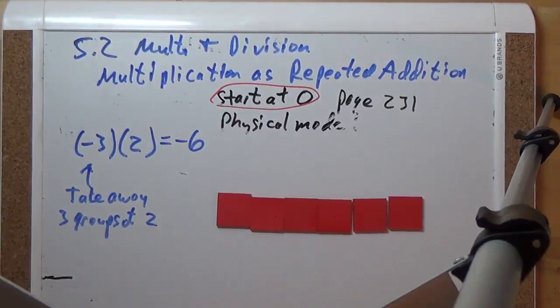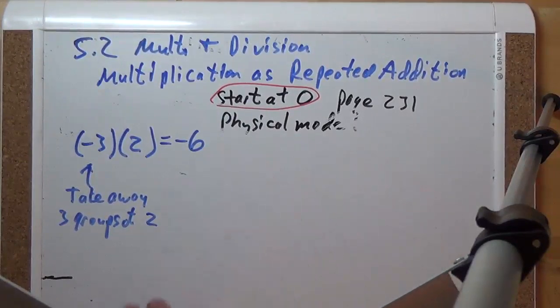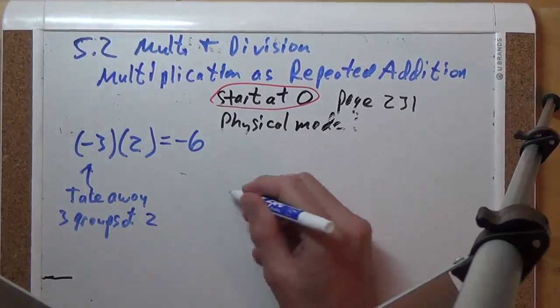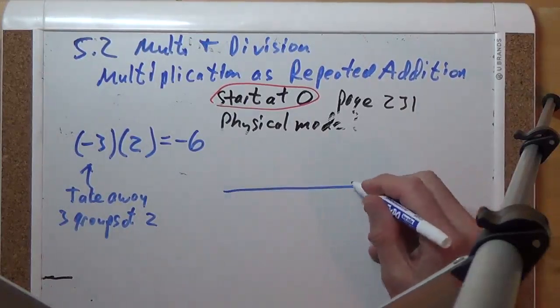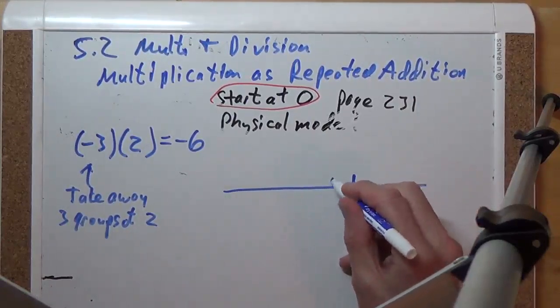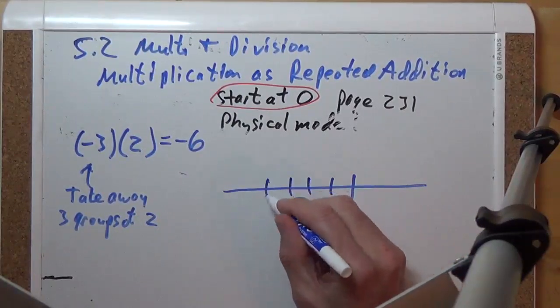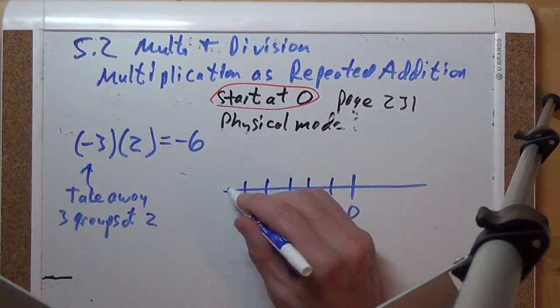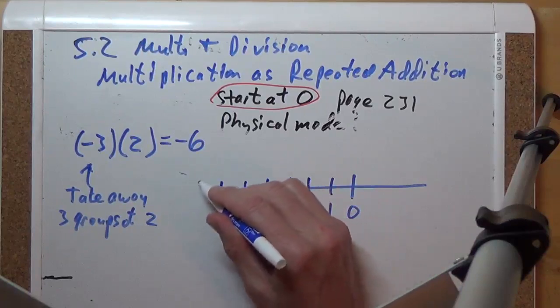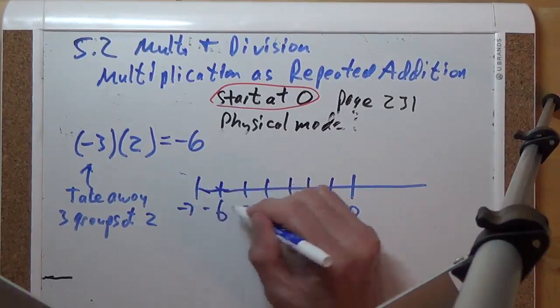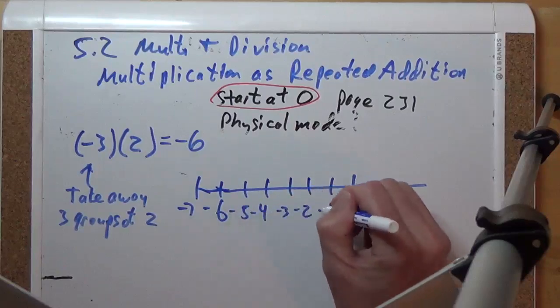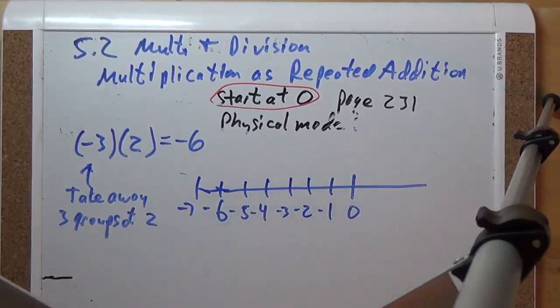So now let's see if I can tie this to the number line, since I just did this one. Let's build a number line. I'm at 0. And I'm saying, okay, I want to take away 3 groups of 2.